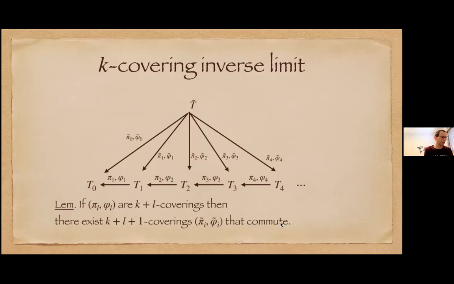For example, if I want to construct the first level of pi 0, phi 0, since it has to commute with pi 1, phi 1 and so on, and pi 1, phi 1 is a one covering, I know that it is the identity, and then I compose it with pi 1, phi 1.